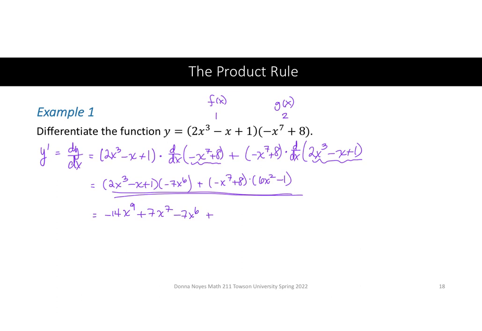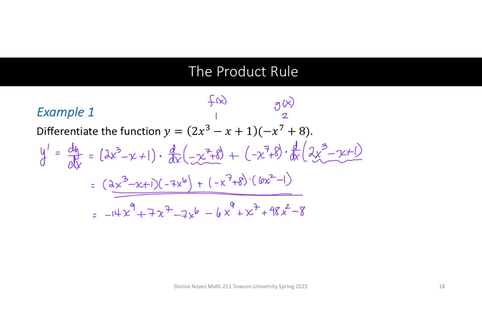I'm going to have to erase that to a minus. So let's try that again. So minus, because it'll be 6 times negative 1. So minus 6x to the 9th. And then negative x to the 7th times negative 1 makes it a plus x to the 7th. 6 times 8 is 48, so 48x squared. And 8 times negative 1 is negative 8.